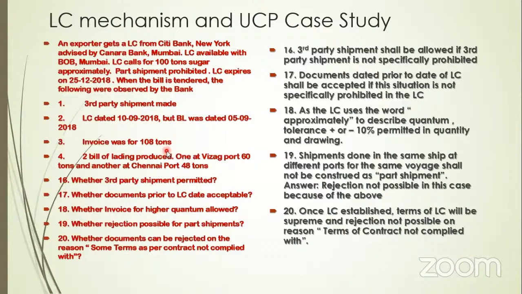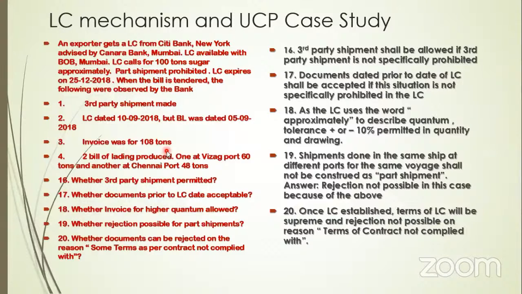The third example I will give you, these are the examples we used to share during our theory classes. Supposing the LC is for shipment of 100 Maruti cars. Now it's not a quantum. It's expressed in number, 100 Maruti cars. Can you ship other than 100 Maruti cars? No tolerance. Note down: if it is expressed in units, no tolerance is applicable.